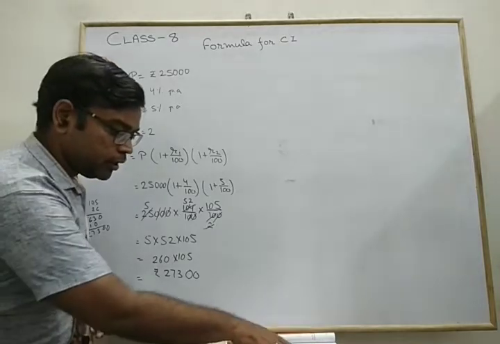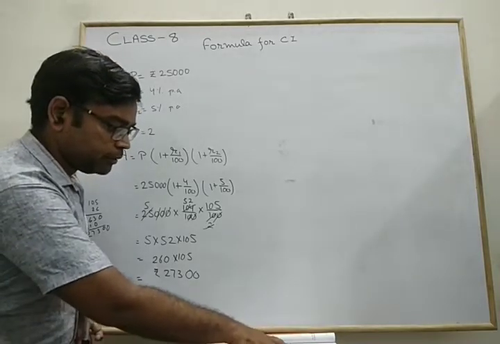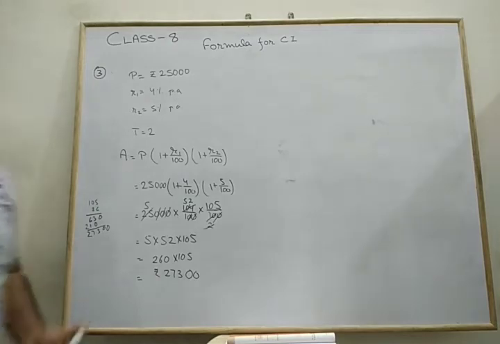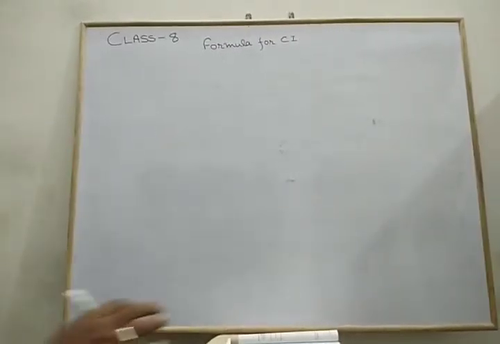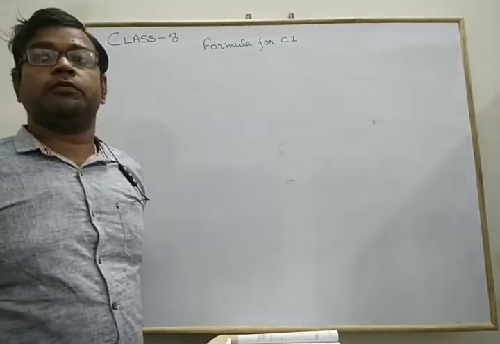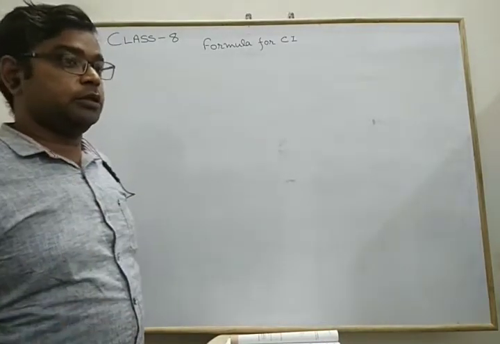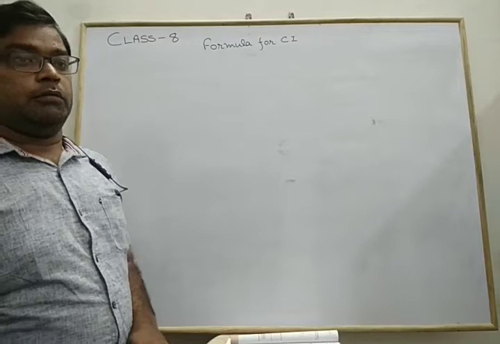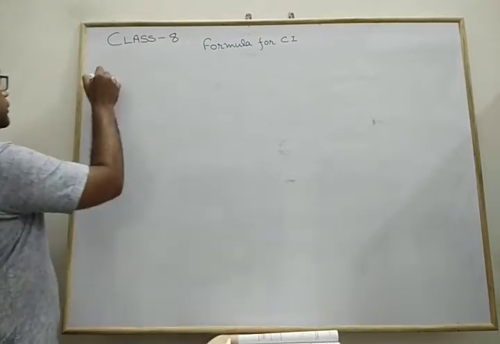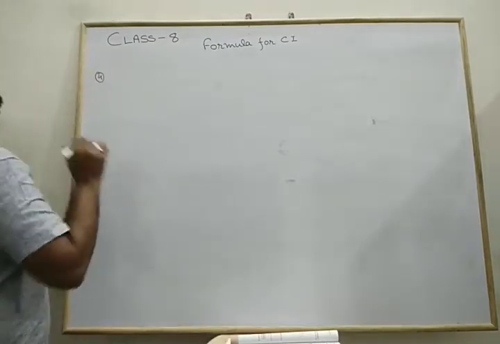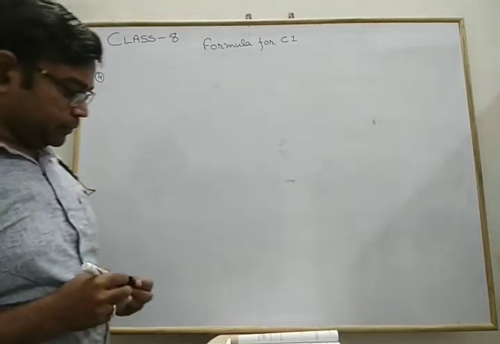Question says per annum respectively, how much will it amount to. It's good. Now pay attention in question number 4. It's a little bit complex question. It confuses you because the language is a little bit complex.